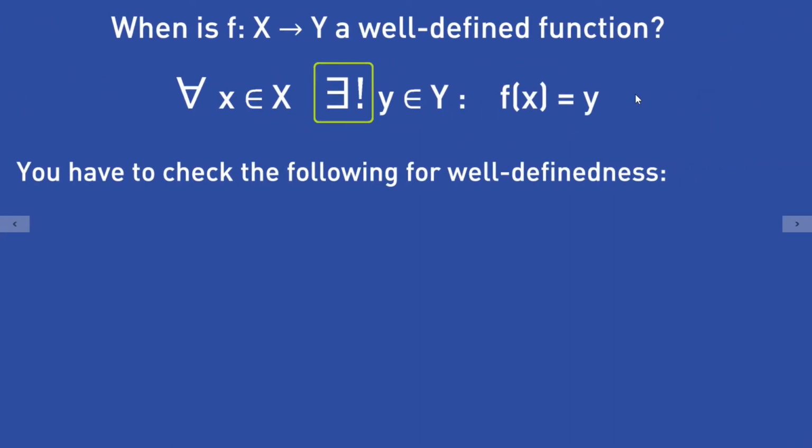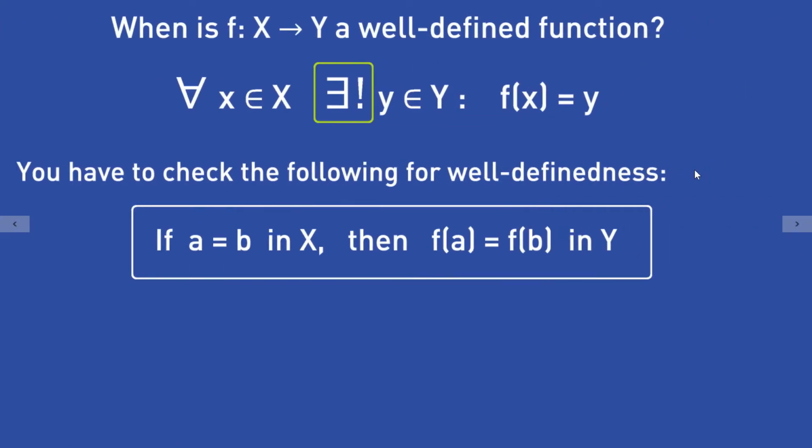So you have to show the following for the well-definedness of a function f. If two elements in the set X are the same, then the function values of these two elements have to be the same too.